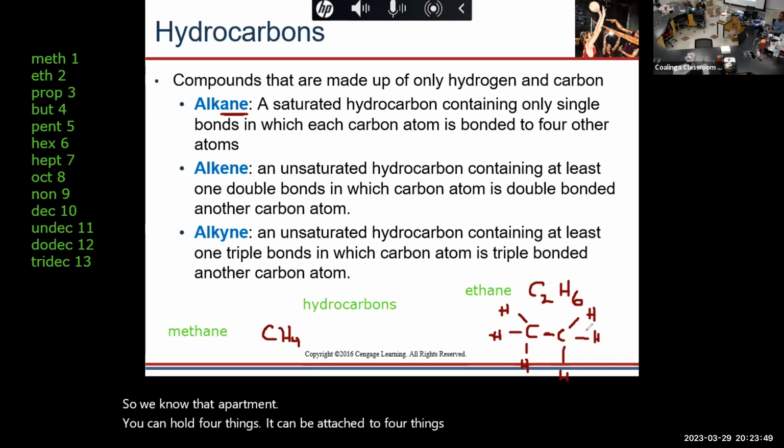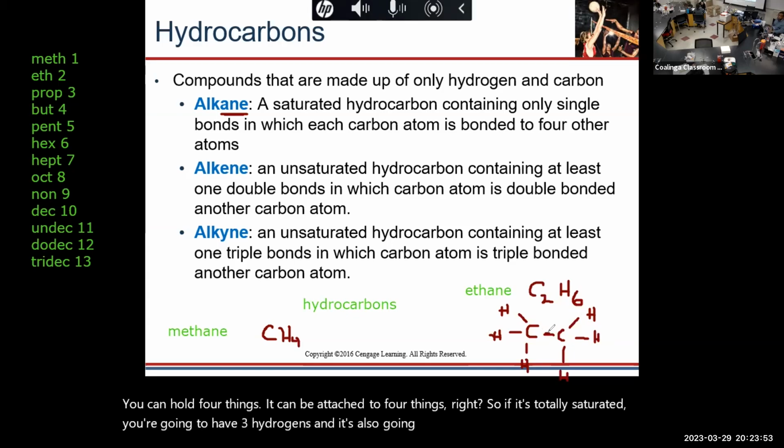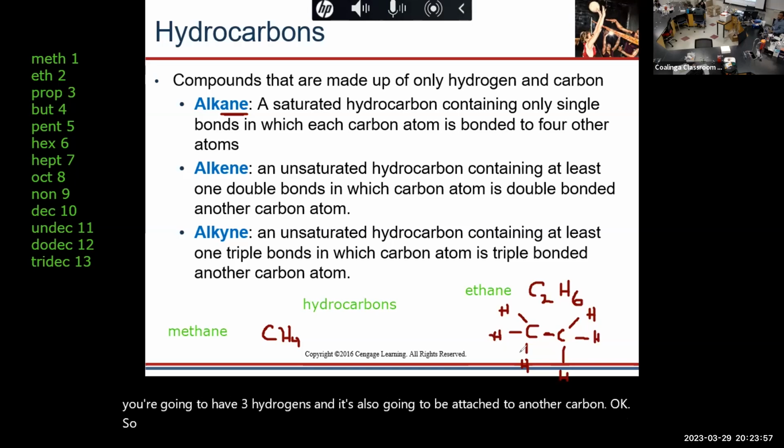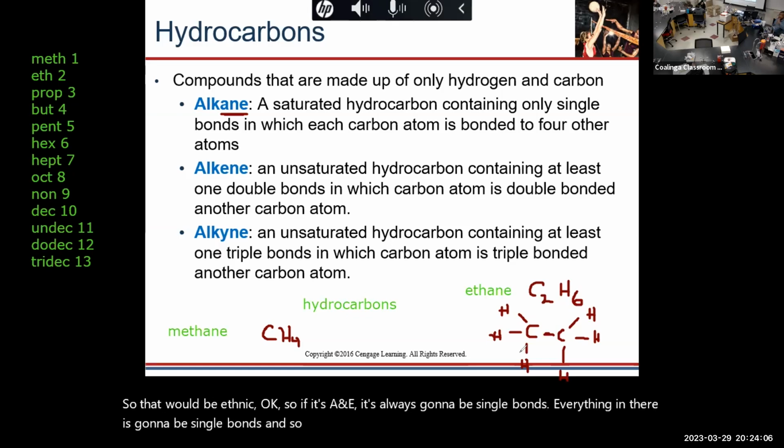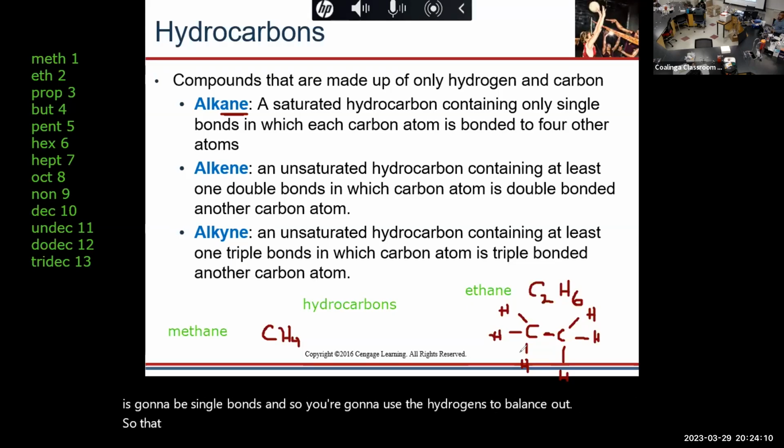So if it's totally saturated, you're going to have 3 hydrogens, and it's also going to be attached to another carbon. So that would be ethane. If it's ANE, it's always going to be single bonds. Everything in there is going to be single bonds, and you use the hydrogens to balance out so that you have 4 attachments on every carbon.